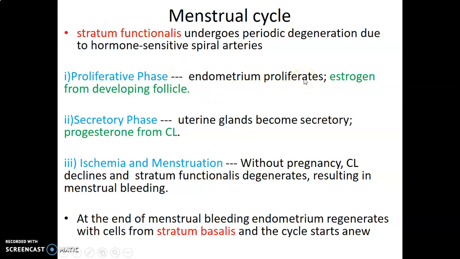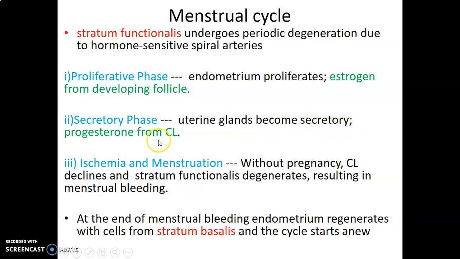From there, we have the secretory phase. In the secretory phase, the endometrium is still growing. Uterine glands become more tubular, more tortuous, and secretory. They have lots of mucin and glycogen, and this is under the influence of progesterone from the corpus luteum.